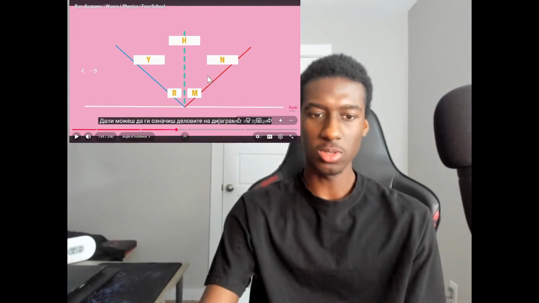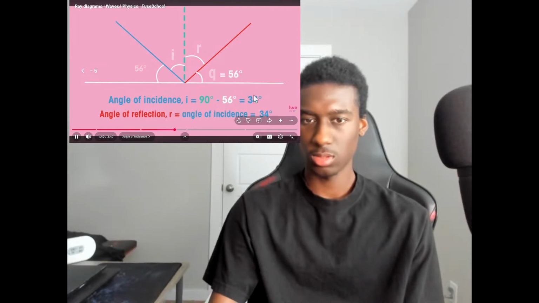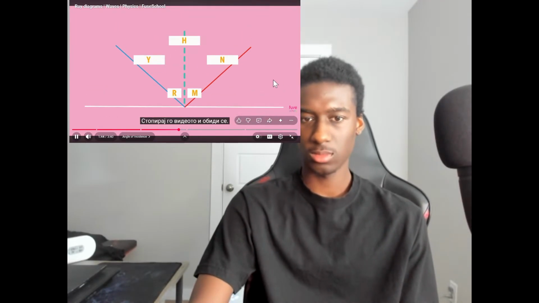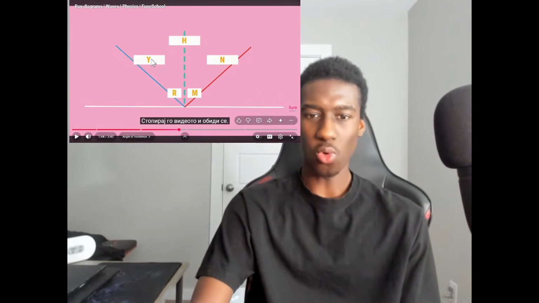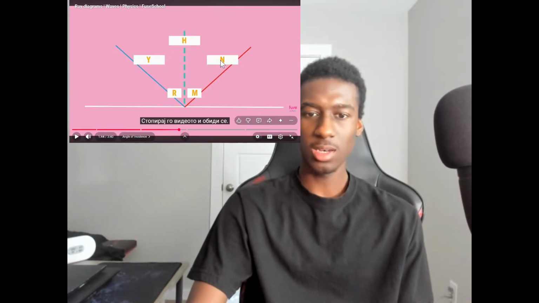Wait, I'm trying to see the question they asked here. Parts of this reflection ray diagram. Can you label the different parts of this reflection ray diagram? Okay, so I'm saying Y is the inflection and N is the reflection. Y and R. Wait, no. Y is the inflection.